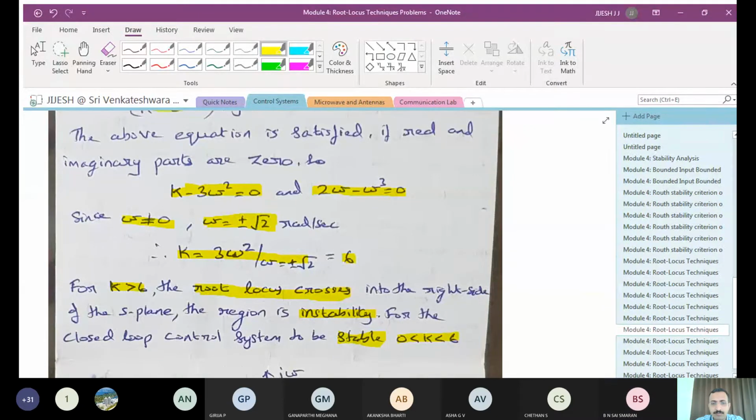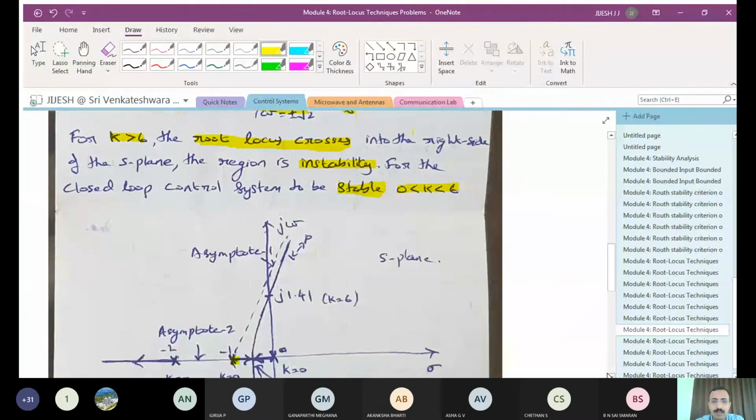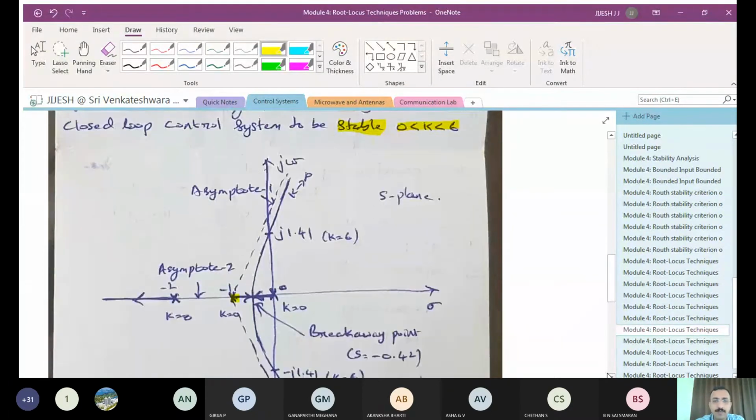Yes, sir. Okay, fine. Those who have completed can plot the asymptotes, and we will see how these things have to be done. So we have got the poles here, and we have drawn that. We know that the branches will start from the poles and tend towards the zero.